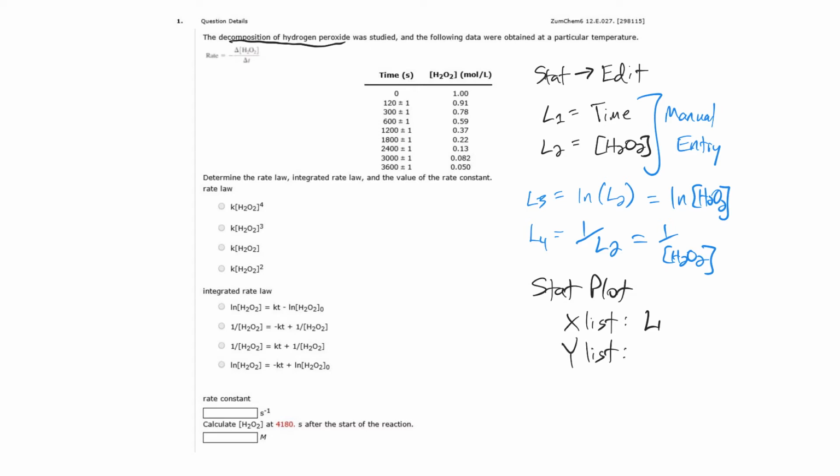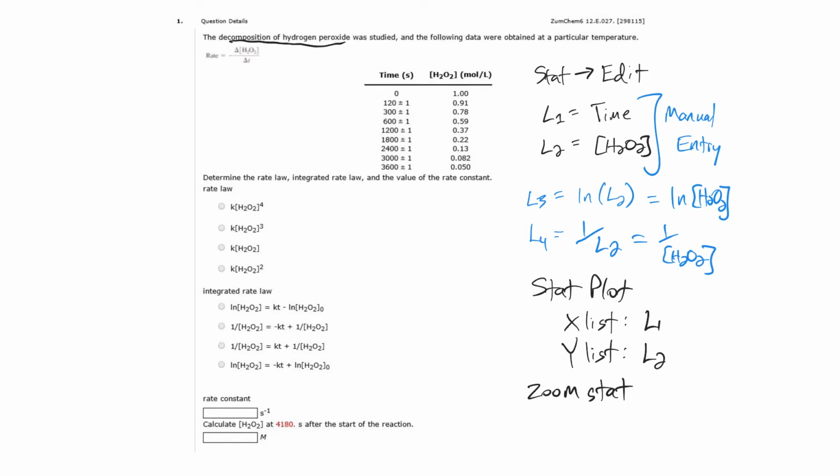For the Y list, this is the one that we're going to do some changing. Try L2 at first. And then hit zoom stat, so zoom and then option 9 at least on a TI-83. Zoom stat to get a good viewing window on the data.